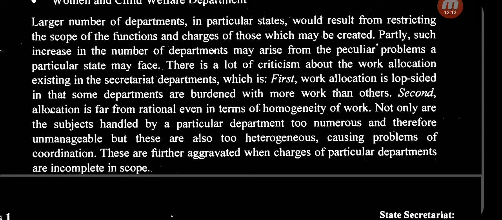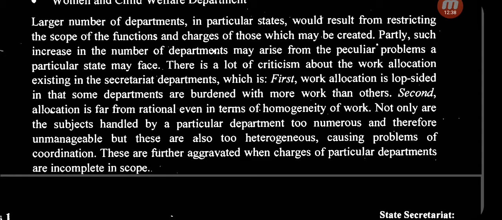Partly such an increase in the number of departments may arise from the peculiar problems a particular state may face. There is a lot of criticism about the work allocation existing in secretariat departments. First, work allocation is lopsided in that some departments are burdened with more work than others.